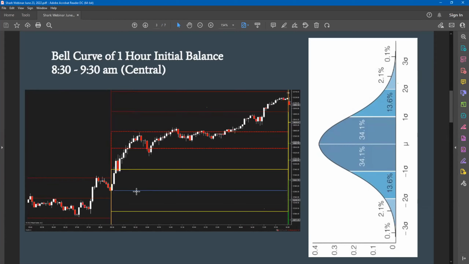Using the simple probabilities of that 34, 68, 95, I can rely on probability theory that if we break the 1 and there is slope and momentum and linear regression with that, there's a high probability that you might meet the end of your range, all things considered.